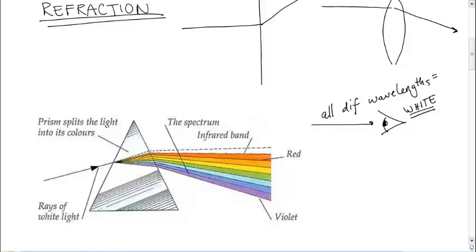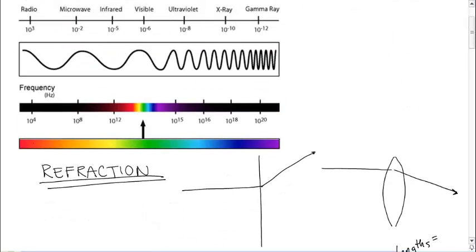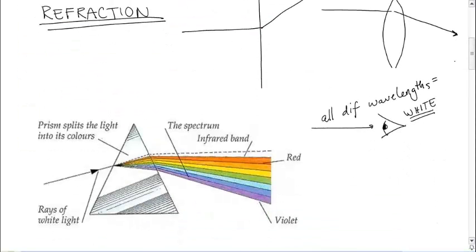Now, here's the thing. You'll remember that different colors have different wavelengths. And what that means is that they actually refract differently. So this beam of light hits the prism, and you can see violet refracts the most, it bends the most, whereas red only bends a little bit.